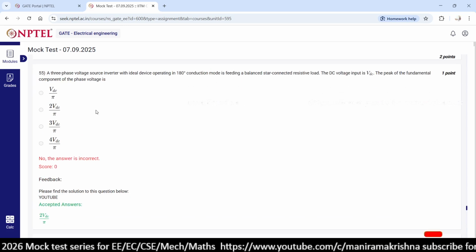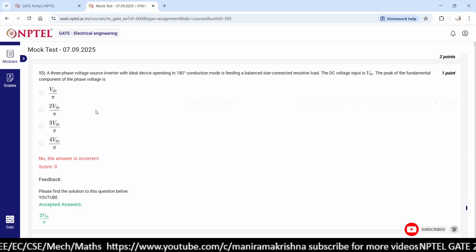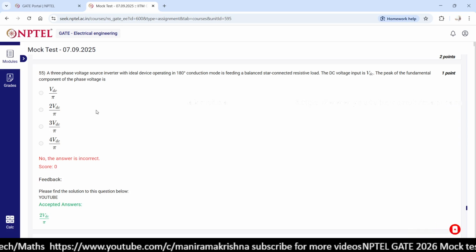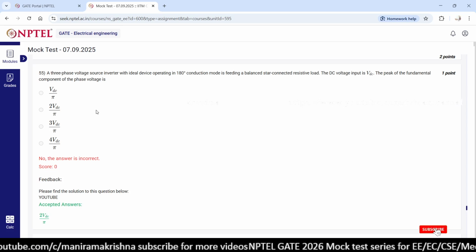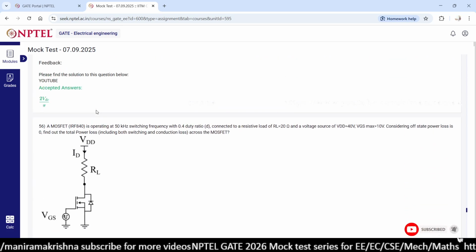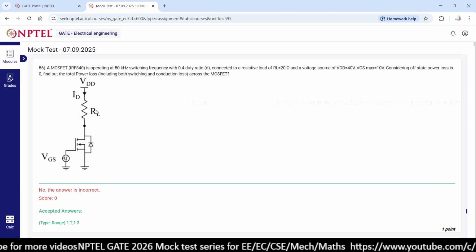As we mentioned, we have the three-phase voltage source inverter, related to the star connected resistor load. Here is the MOSFET question, the 56th question, fill in the blank for 1 mark.